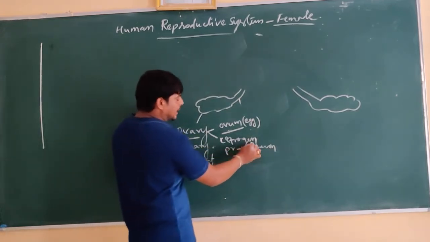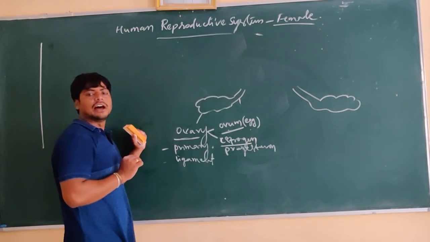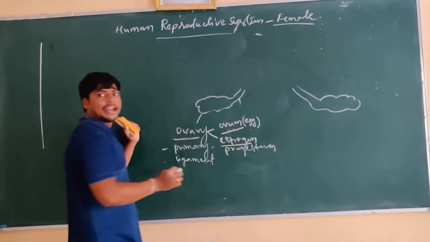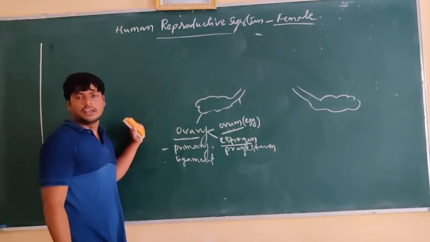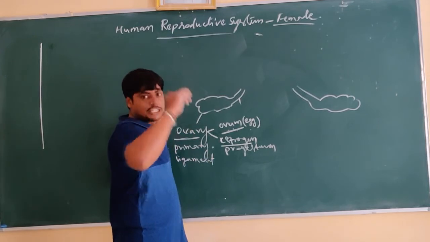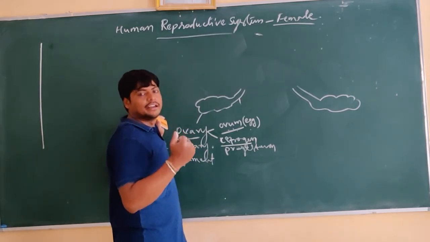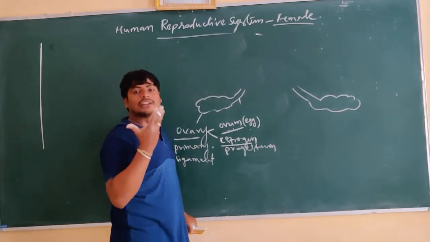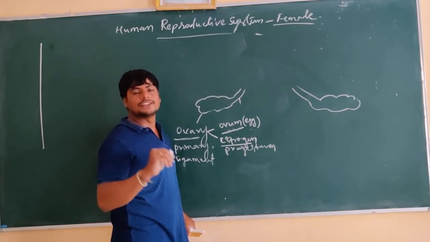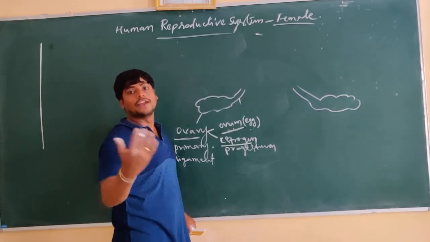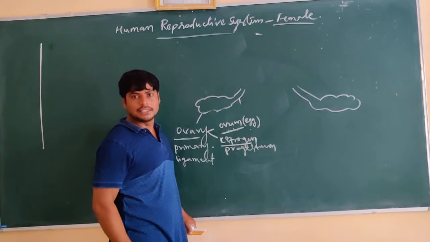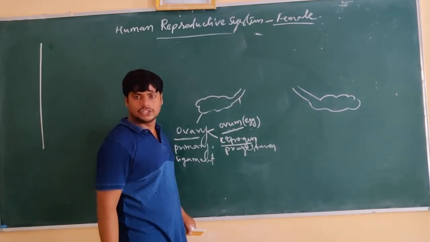This estrogen helps in maintenance of secondary sexual characters. Production of ovum or egg is a primary sexual character, whereas secondary sexual characters we are going to discuss under adolescence. These include growth of hairs under the arms and near the reproductive parts, changes in the voice, and growth in height.